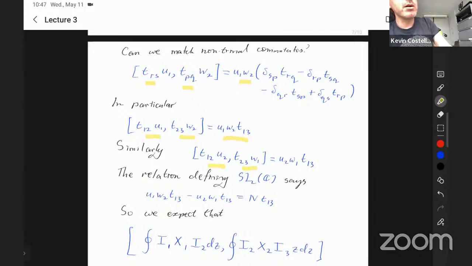But now we should recall that SL2C has a defining relation where u1 w2 minus u2 w1 is equal to 1. So we get such a relation in the commutator, like this. So this is the relation we're going to want to match.